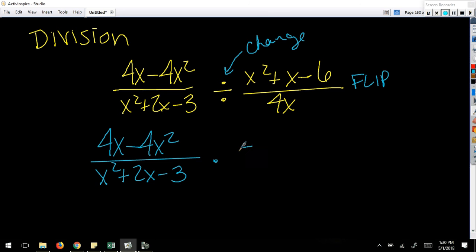Now I can pick up all the steps that I did before, which is factor and simplify, canceling out top and bottom.